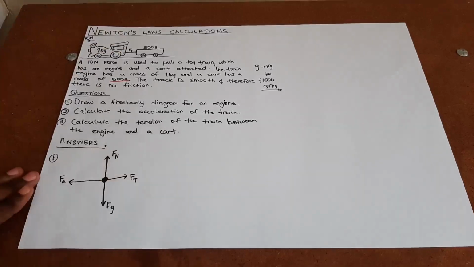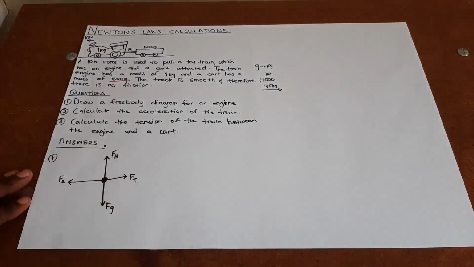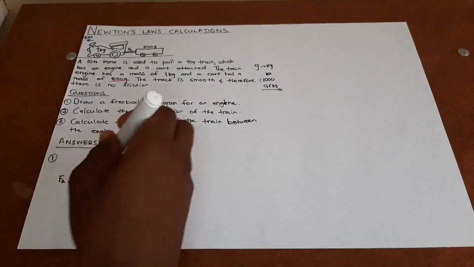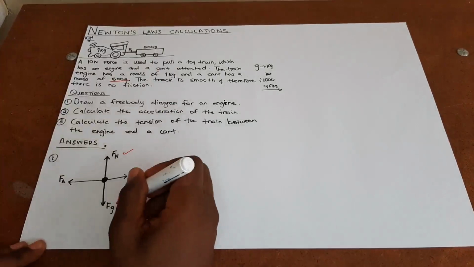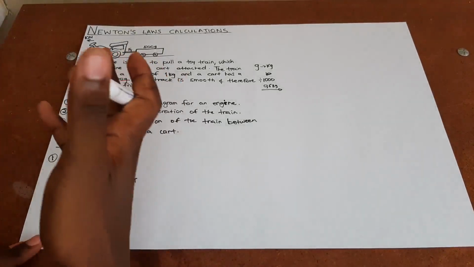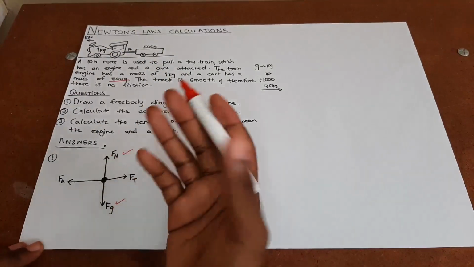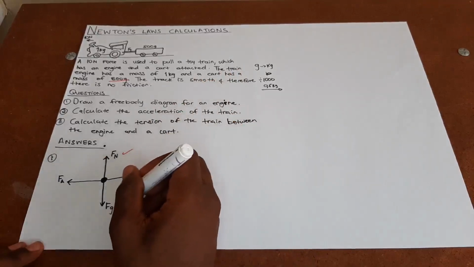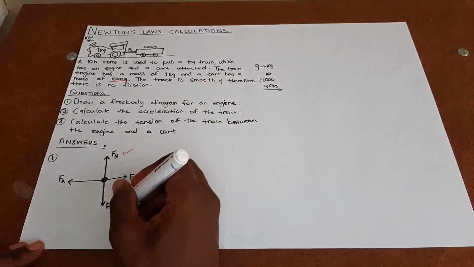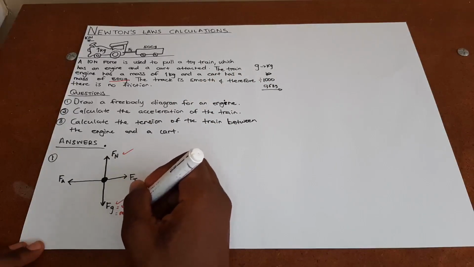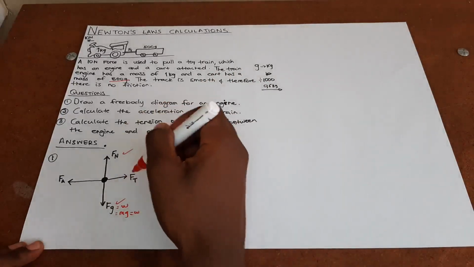So this is our free body diagram. Let's mark and check it. This is our normal force on the ground, and the gravitational force acting downwards, its weight. Gravitational force is equal to weight, by the way; you can also say it is equal to mg.